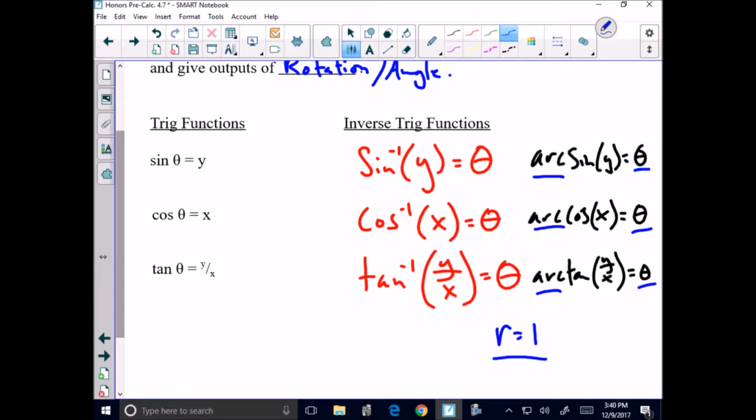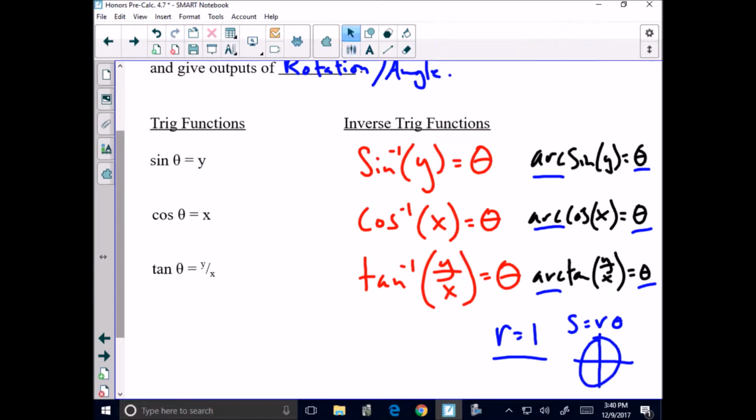So in general, if we remember our arc length formula, we have s = r theta, and if we're on our unit circle, that radius is 1, so really we're multiplying 1 times the rotation in radians, and that's giving us the arc length, which means that we're seeing the arc length as the theta, right? So that's a little bit of where that arc comes from.